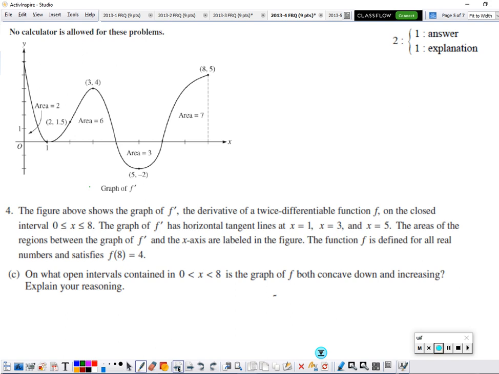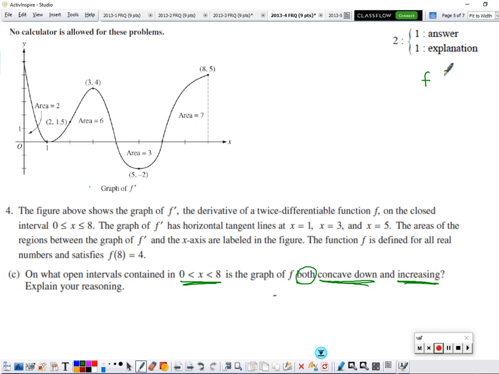On what intervals contained in 0 to 8 is the graph of f both, here's the key word, both concave down and increasing? Okay, so I need Danica's chart.